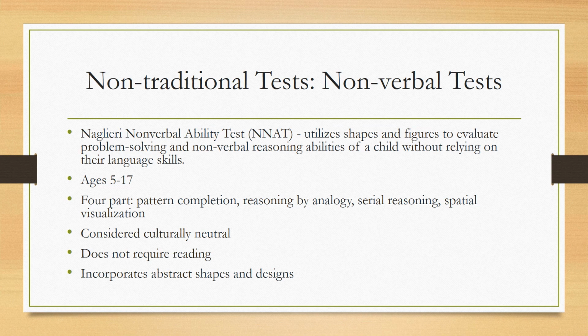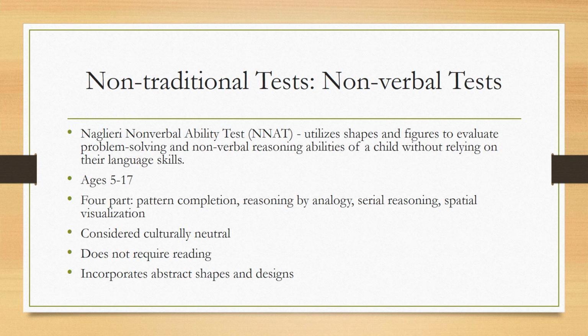You can see how this would be particularly effective at identifying students, ELL students, and maybe CLD students for gifted programs. It's good for ages 5 to 17, and it has 4 parts: pattern completion, reasoning by analogy, serial reasoning, and spatial visualization. It's considered culturally neutral.